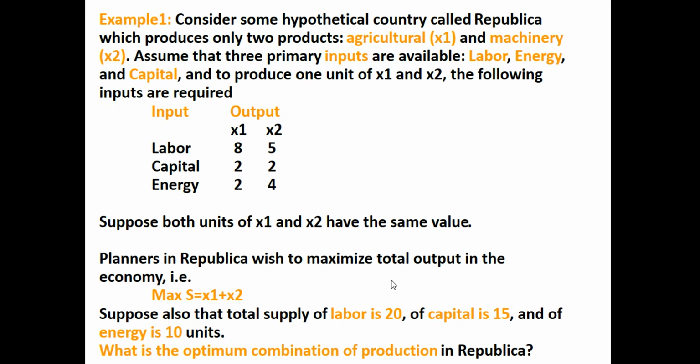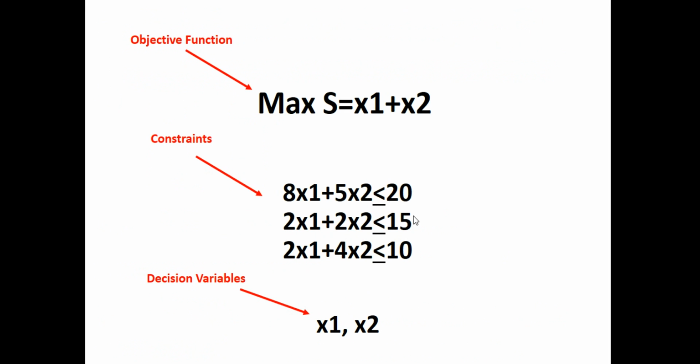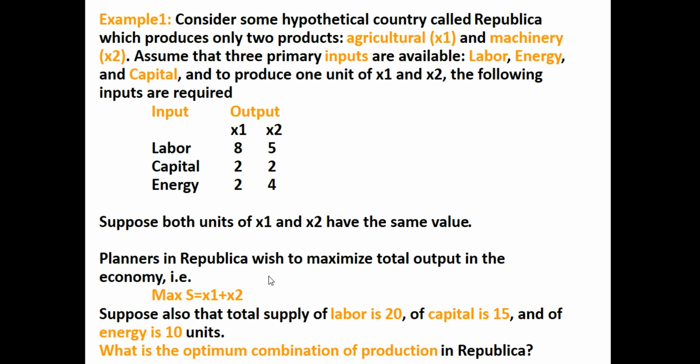Let's first find the three most important components of this optimization problem. As you may have already understood, our objective function in this problem is to maximize x1 plus x2, and our constraints are defined as follows. These constraints are obtained from the fact that total supply of labor shouldn't be more than 20, of capital shouldn't be more than 15, and of energy shouldn't be more than 10 units.